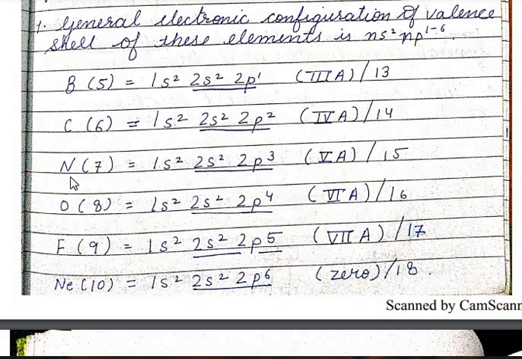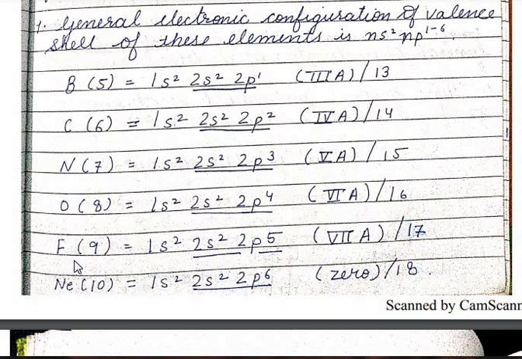Nitrogen with atomic number 7 has electronic configuration 1s2, 2s2, 2p3. It is placed in fifth group or in 15th group. Oxygen with atomic number 8 has electronic configuration 1s2, 2s2, 2p4, and it is placed in 6th A group or in 16th group.